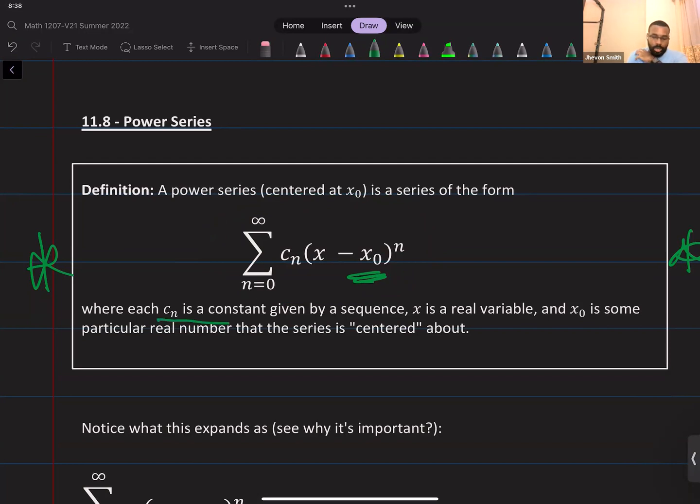I'm mentioning what the parts are here. x is just a real valued variable. In higher level mathematics, it might be thought of as a complex variable. And x naught is another real number, but it's constant. So the x can change values, but the x naught can't. We think of that as constant, and that's what the series is centered around.